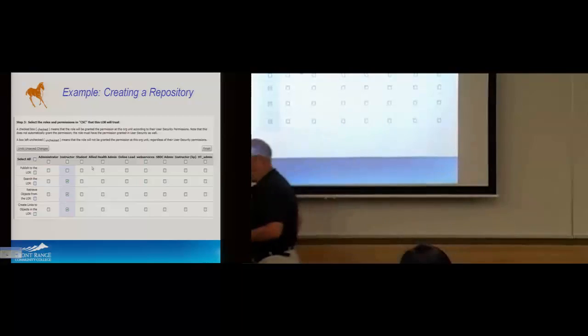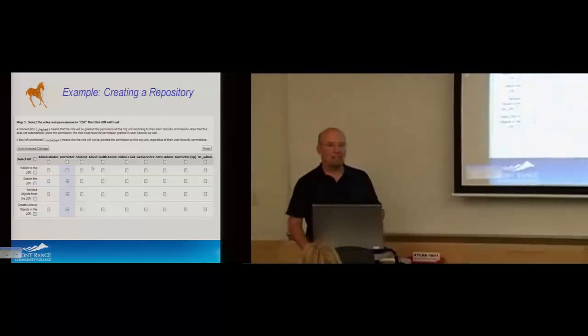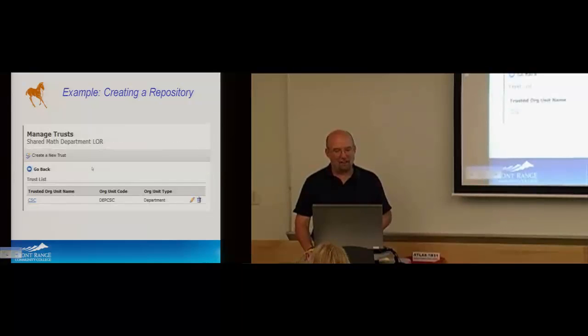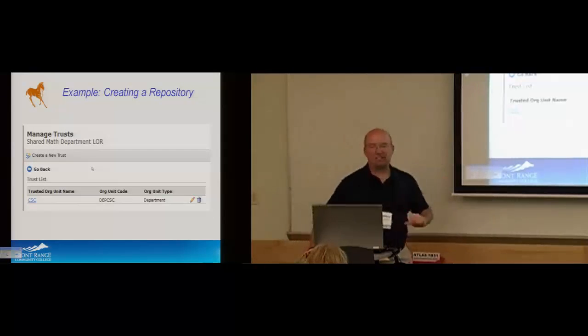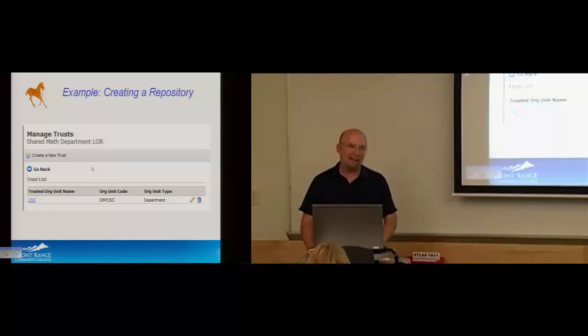Well, we're going to set it so they can read it, but they can't mess it up. It's not their repository to mess up. They can use it, but they can't change it. And now, CSC is a trusted organization to math.